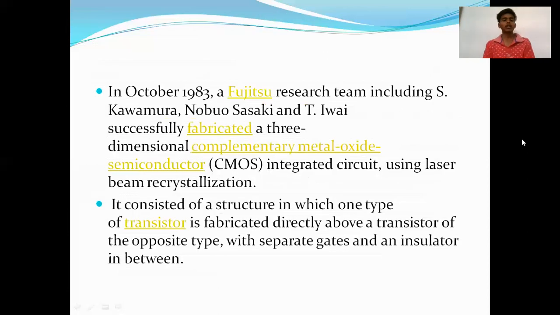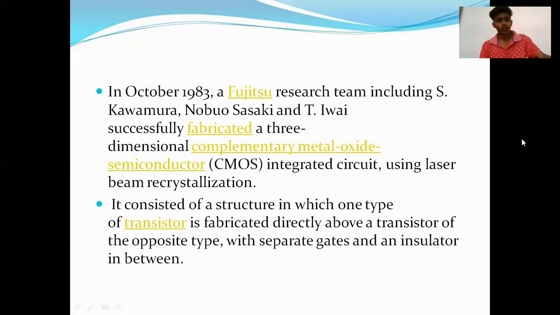In October 1983, a Fujitsu research team including Kawamura, Sasaki, and others successfully fabricated three-dimensional complementary metal oxide semiconductor integrated circuits, shortened as CMOS, mainly using laser beam recrystallization.